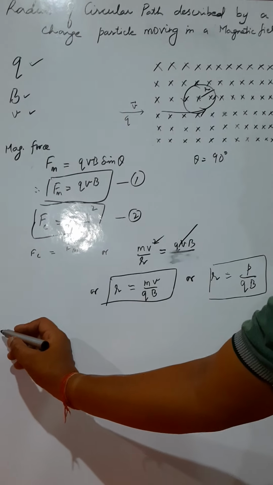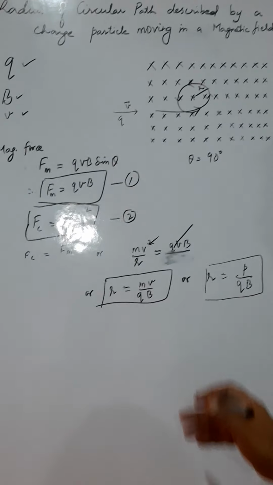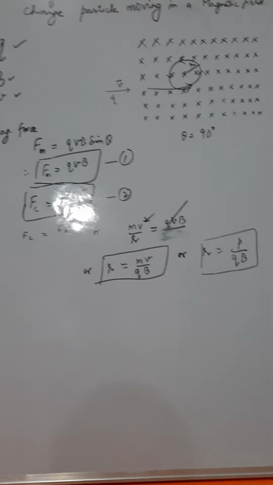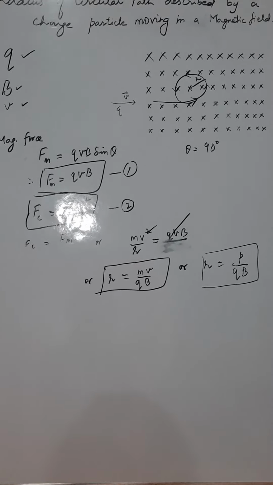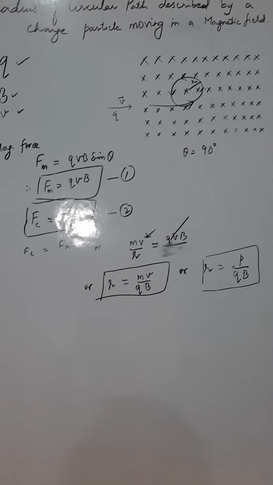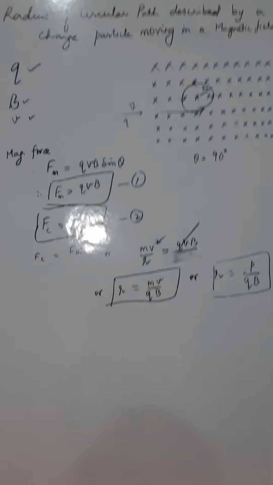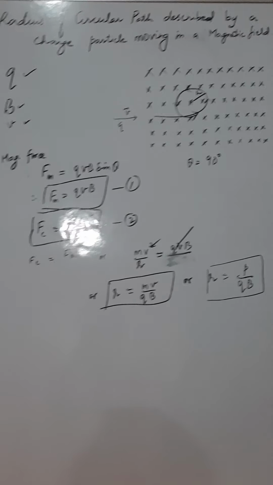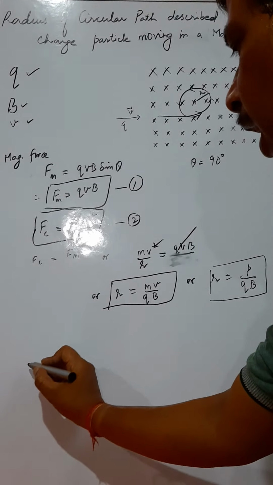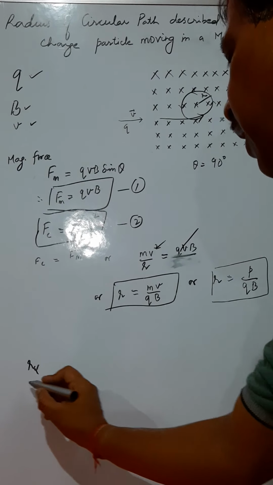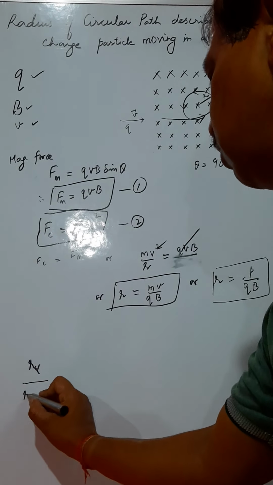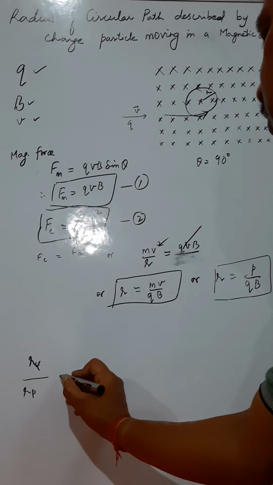Now there is a question: a proton and an alpha particle enter in a magnetic field in a direction perpendicular to the direction of the magnetic field, having the same speed. Find the ratio of the trajectories followed by the two charged particles. So for the alpha particle we can write R alpha, and for the proton R proton.